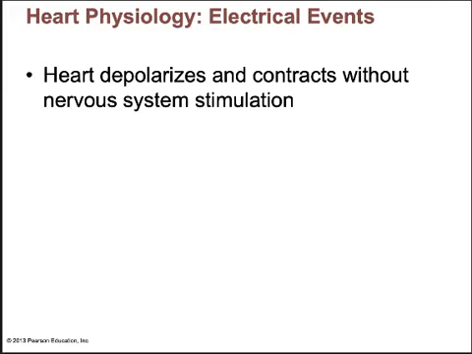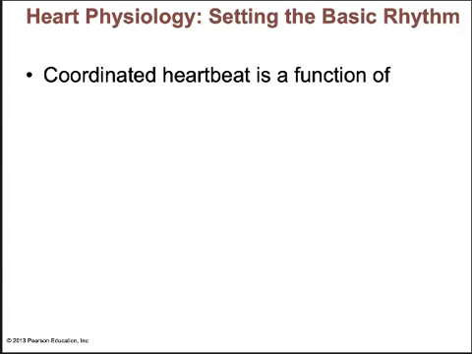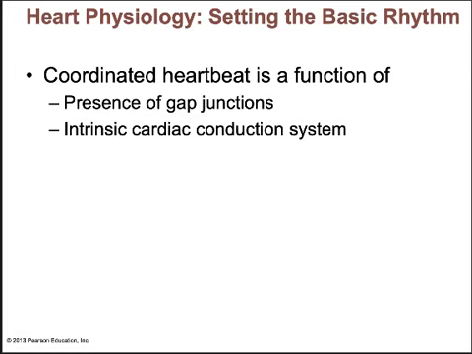The heart depolarizes and contracts independently of input from the nervous system, but it is governed by the sympathetic and parasympathetic divisions of the autonomic nervous system. Our coordinated heartbeat is the result, again, of this establishment of a functional syncytium, and the cardiac conduction system, which consists of the SA node, the AV node, the bundle of His, the right and left bundle branches, and the Purkinje fibers.